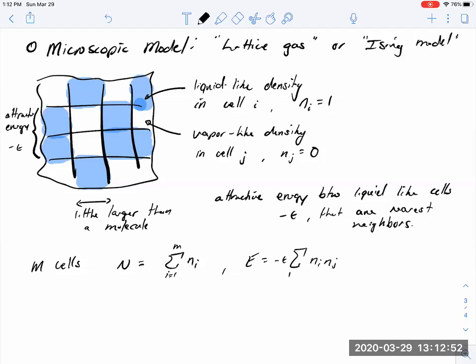And then I'll sum over I and J that are neighbors. And what I mean by that is, say in this plot, or in this graph, I look at only the 4 nearest neighbors that I share a side of a cell with.